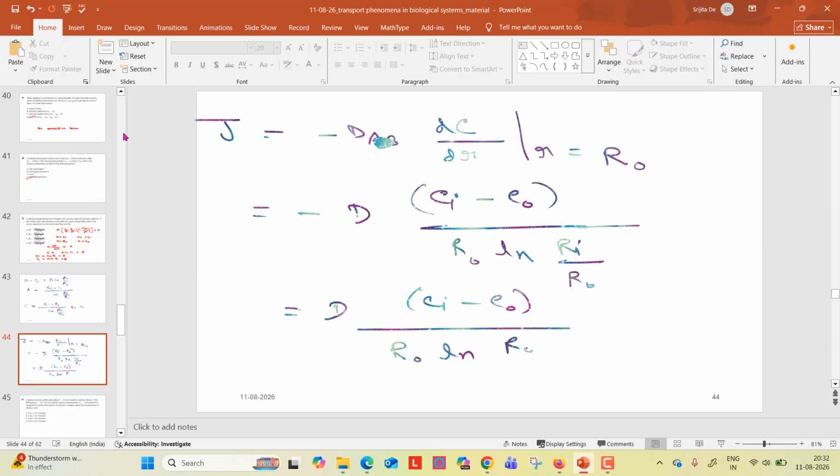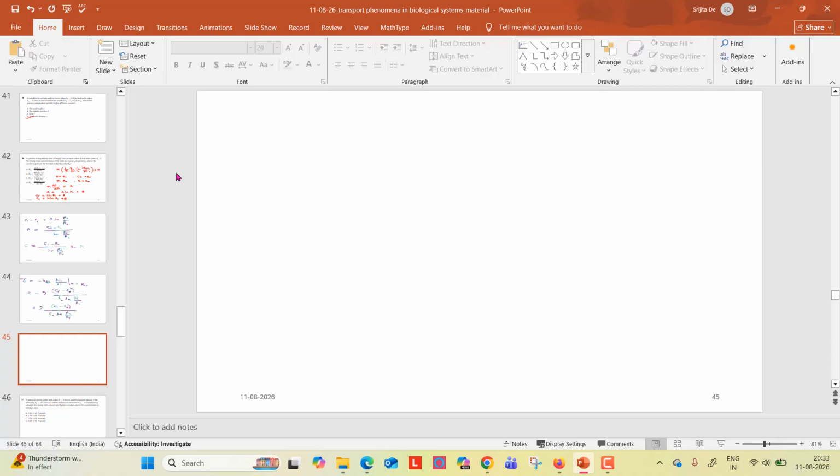Now to calculate the release rate from the cylindrical wall, it will be J into the surface area, right?